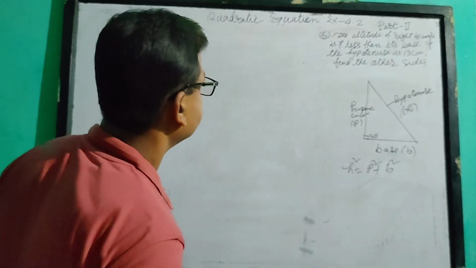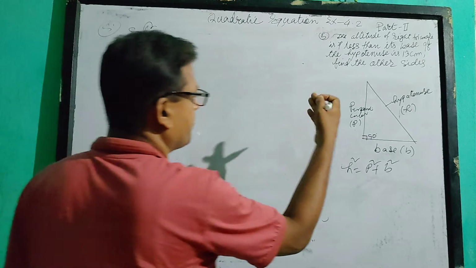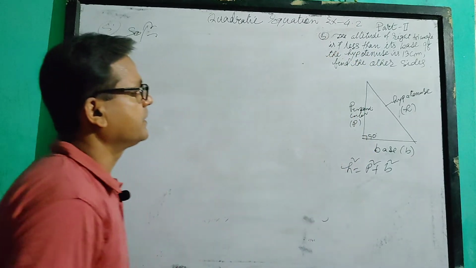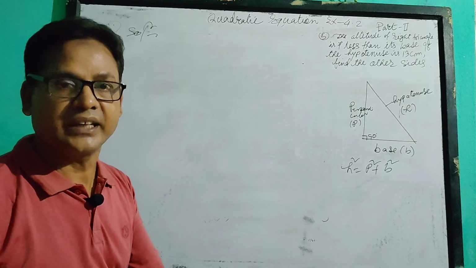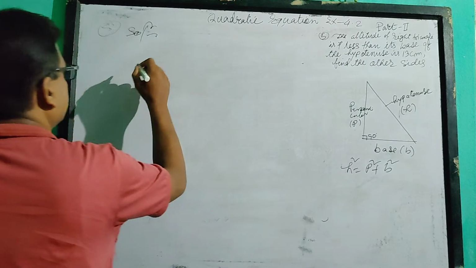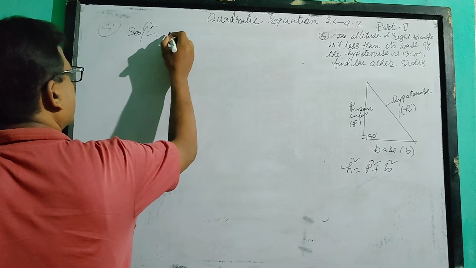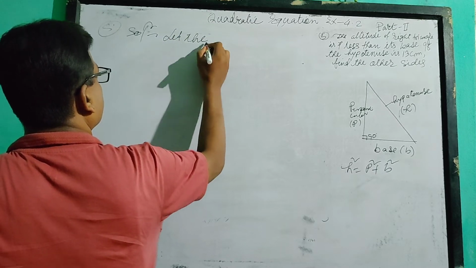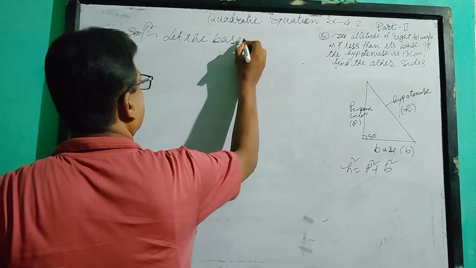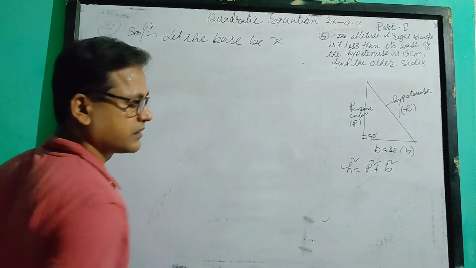So here is given the perpendicular, meaning the altitude. The altitude is 7 less than the base. Compare with the base. Suppose we let the base be x.